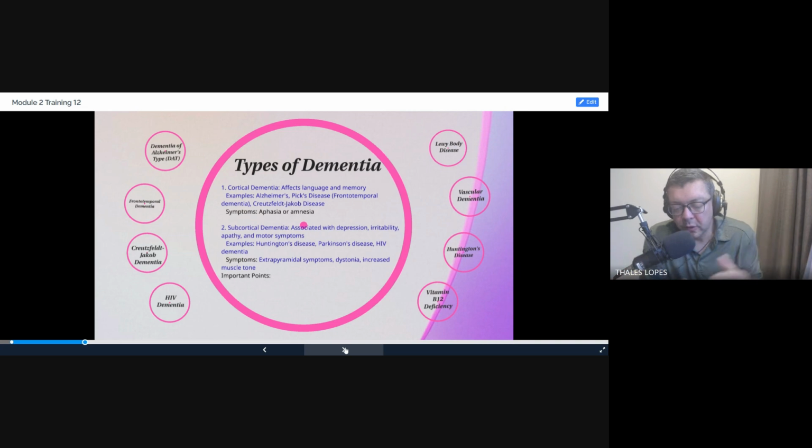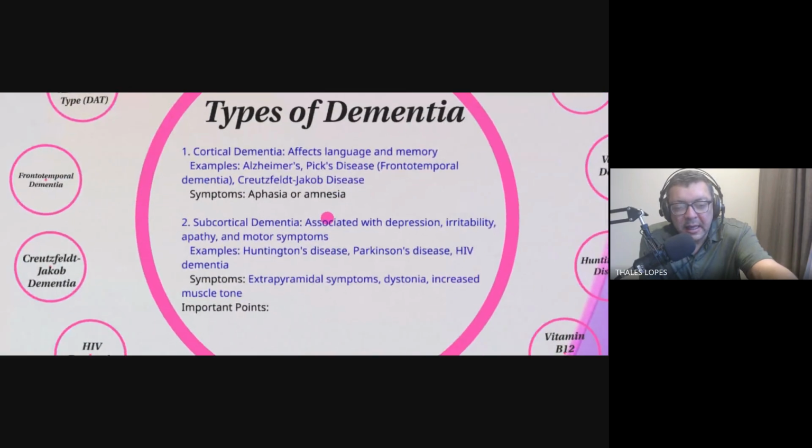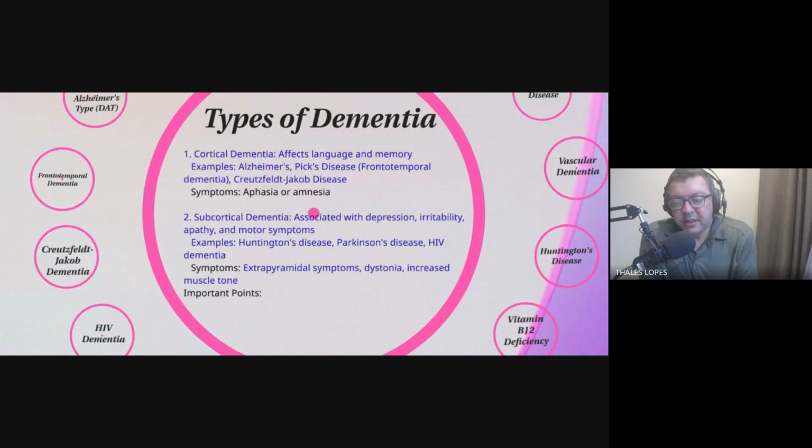So cortical: aphasia and amnesia, language and memory. Now, the subcortical is associated with depression and motor symptoms. Subcortical is associated with depression and motor symptoms, right?